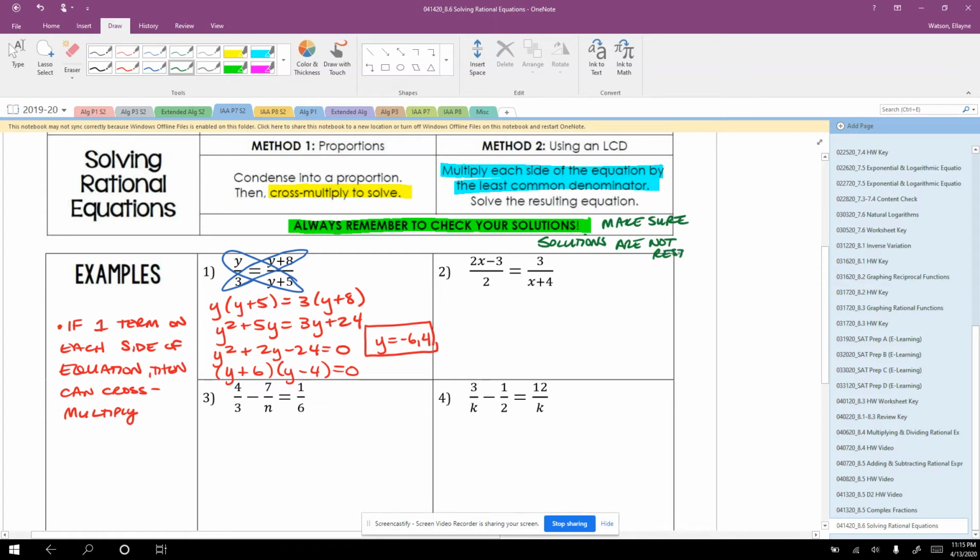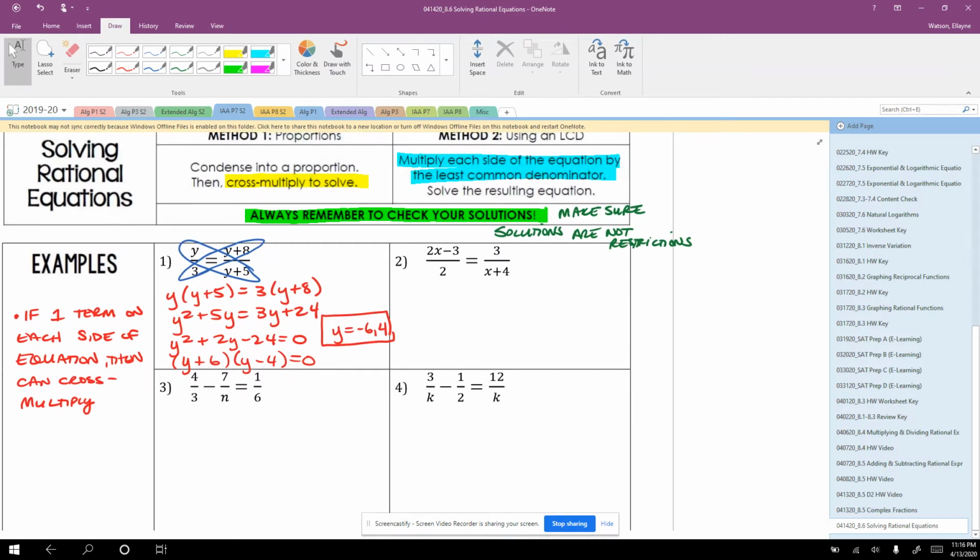So as we've been working with restrictions, remember restrictions are anything that would make your denominator equal to 0. So you want to make sure if you plug in negative 6 for y, it doesn't make any denominator 0. It doesn't. And then same thing with 4. When you plug that in for y, it doesn't make a denominator equal to 0. So we're good. Okay, go ahead and try the next one on your own. And when you come back, we'll go through it.